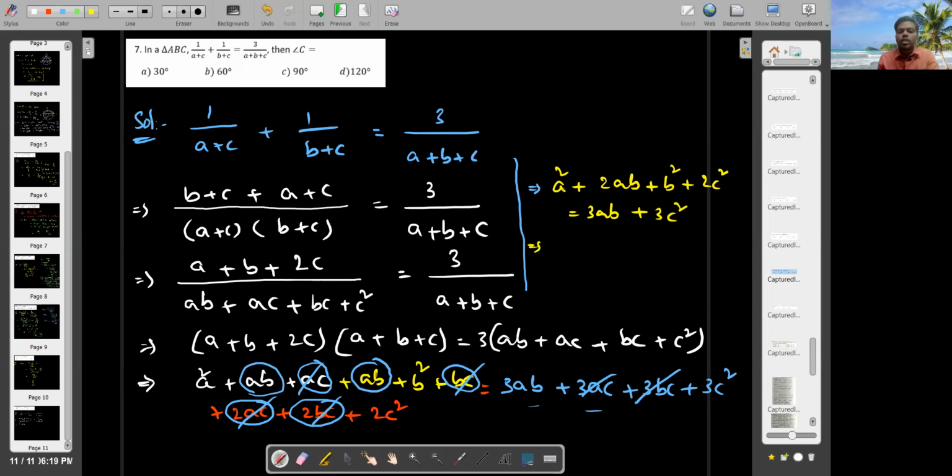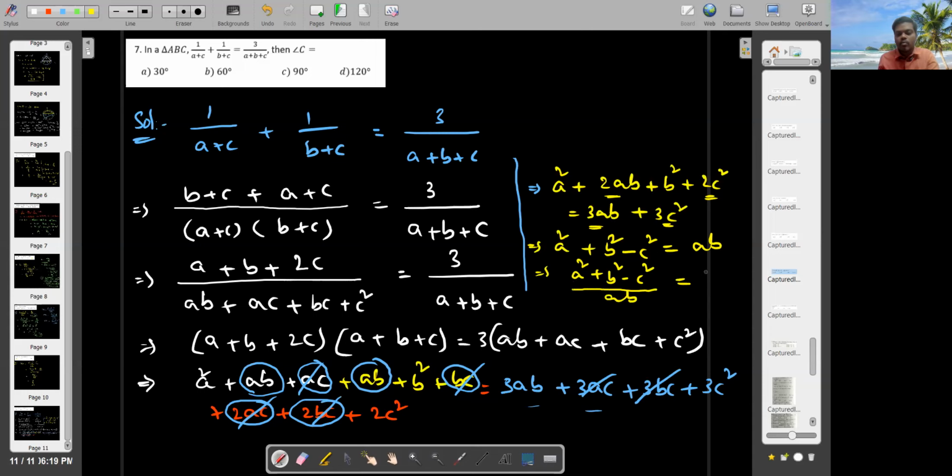If we transpose the terms, this is a square plus b square plus 2c square minus 3c square if we transpose this side, so minus c square, equal to 3ab plus 2ab transpose this side, minus 2ab. So the result is ab. That implies a square plus b square minus c square, divide both sides by ab.